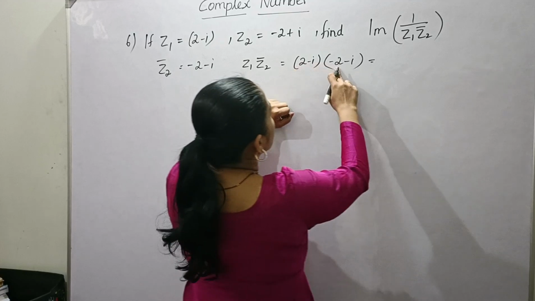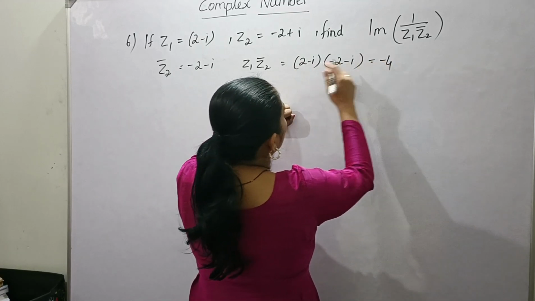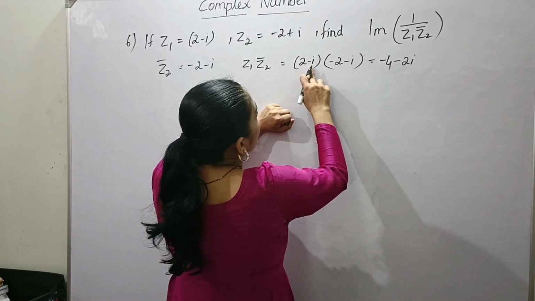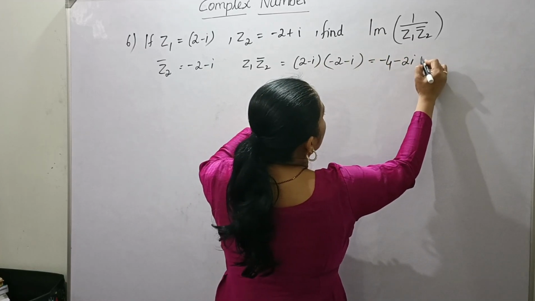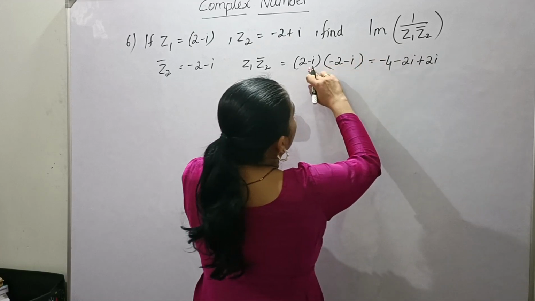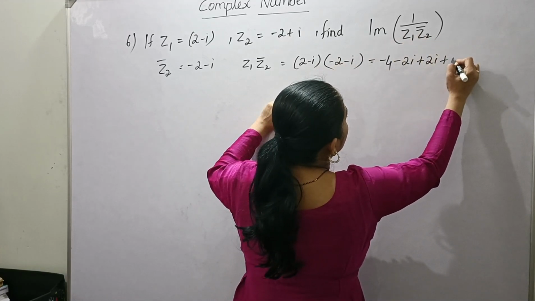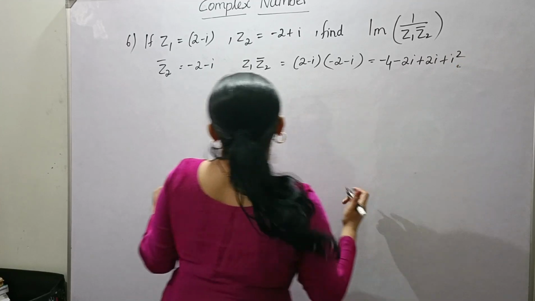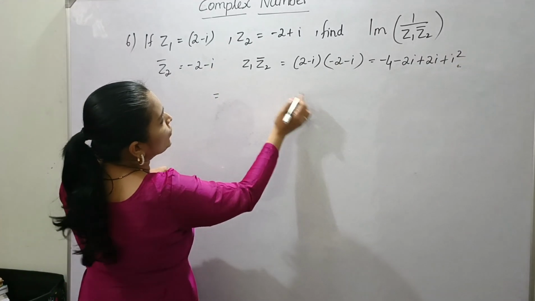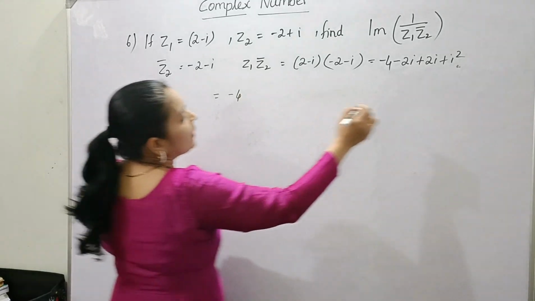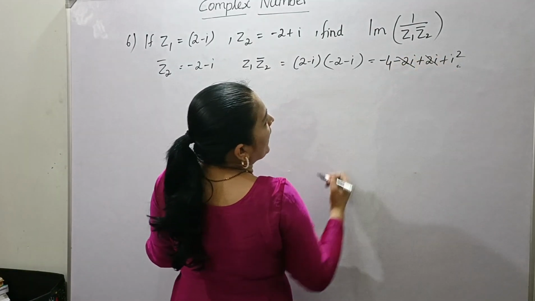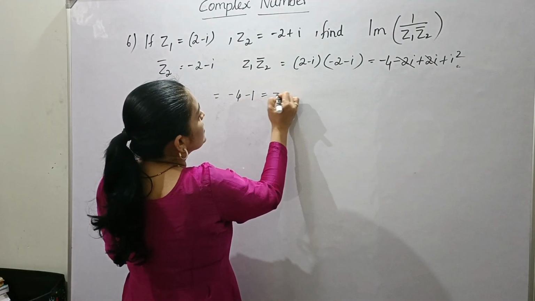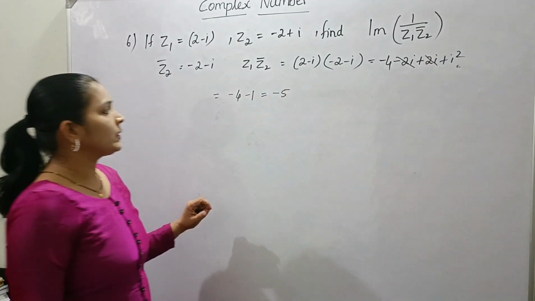Expand this one. Minus 2 into minus 2 is minus 4. 2 into minus i is minus 2i. Minus i into minus 2 is plus 2i. Minus i into minus i is plus i square. That is equal to minus 4. Here minus 2i plus 2i cancelled, and minus 4 minus 1 is minus 5.